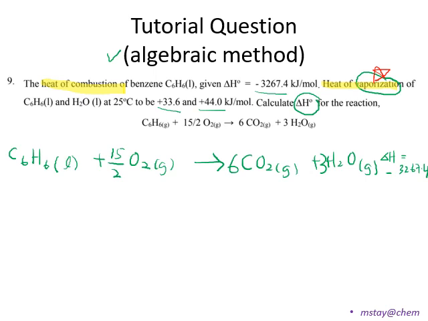From the word vaporization, even though this heat of vaporization is not the type of enthalpy that we learned before, we know that vaporization means the change of the physical state of a substance from liquid to gas.